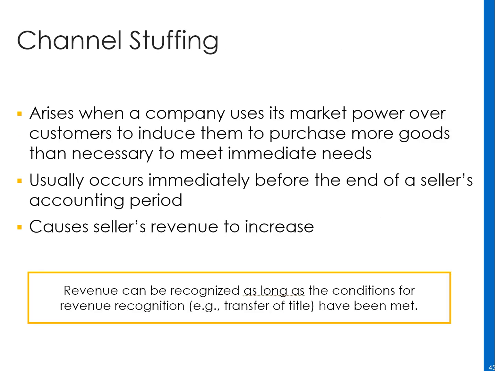Next example is channel stuffing. When a company has market power over customers, it's going to induce them to purchase more goods than necessary to meet immediate need. Usually it occurs immediately before the end of the seller's accounting period.